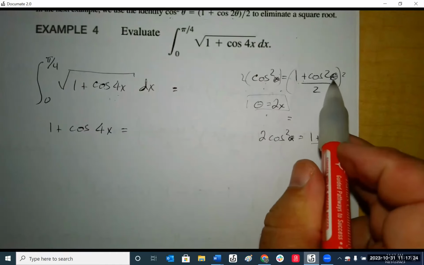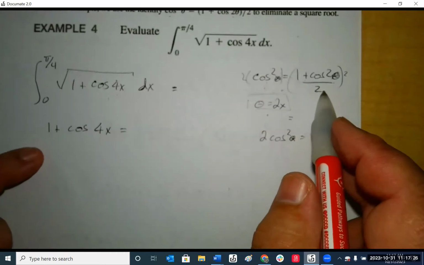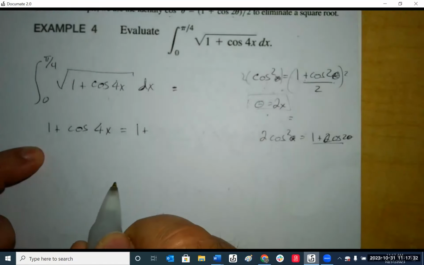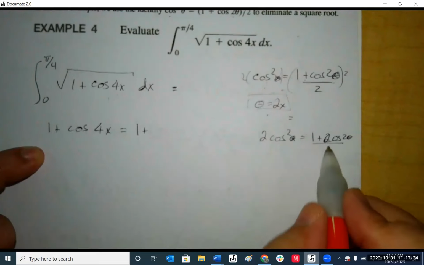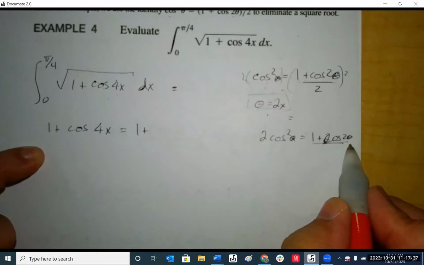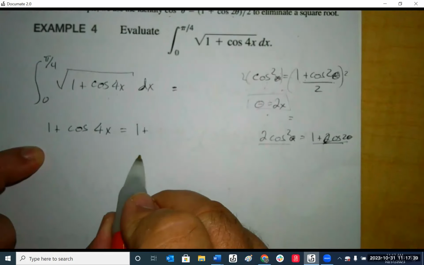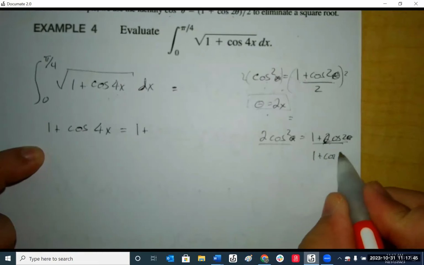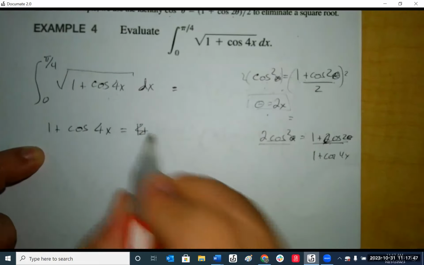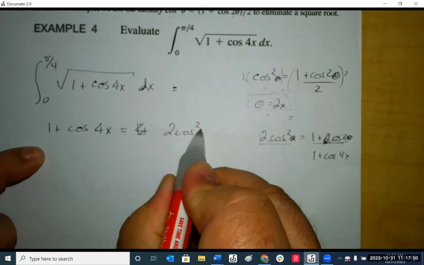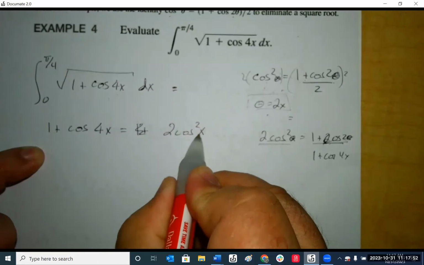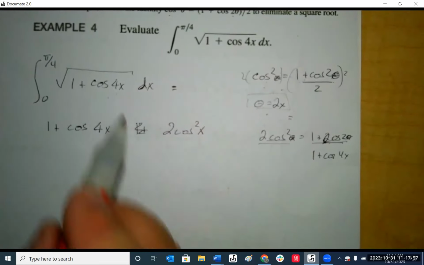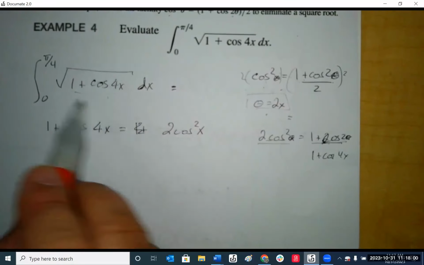If theta is 2x, that's the same thing as 1 plus cosine theta, which is 4x. 1 plus cosine 4x, I can rewrite that as 2 cosine squared 2x. Yeah, because we have to try to figure out how to make this thing a perfect square to get rid of it.